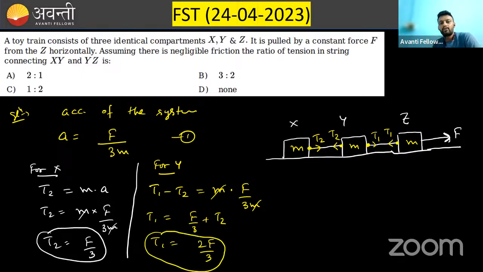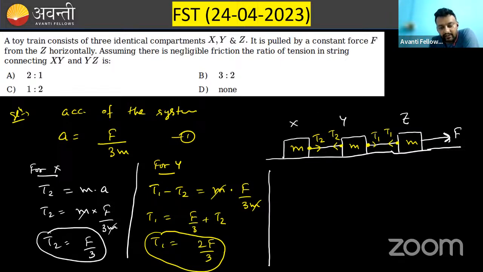Now tell me, according to the question, which ratio is asked? Whether they are asking T1 is to T2 or T2 is to T1. Which ratio are they asking? Tell me. T2 to T1 or T1 is to T2? Connecting XY and YZ.